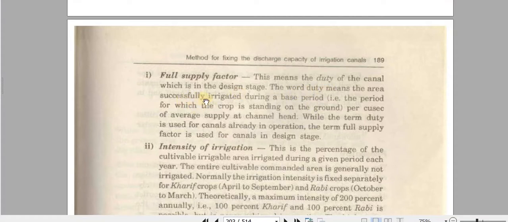The word duty means the area successfully irrigated during a base period per cubic of average supply. I mean to say full supply factor is equal to duty, that is equal to area over discharge. Base period is the period from first irrigation to last irrigation, and crop period is the period from sowing to harvesting. This is the difference between base period and crop period.